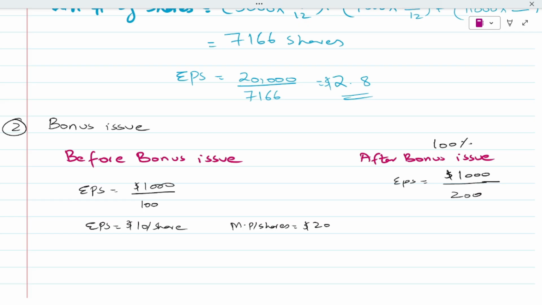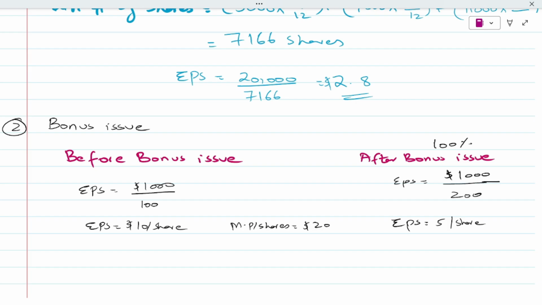It's just that you give more shares into the market, which actually causes your EPS to fall. And you can see that with a clear example that my earning remains same and my shares are now double. So what about my EPS? So if I divide these two, you can see that my EPS now is $5 per share.